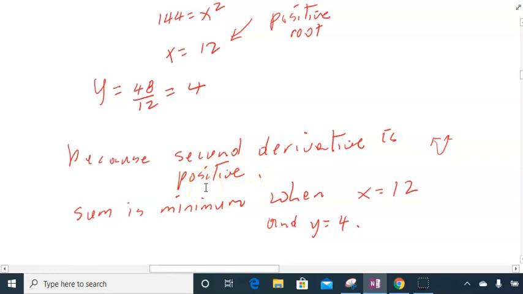That means our function will be concave up. Concave up, so that's what this sign here means. So then the sum is a minimum, and that occurs when x equals 12 and y equals 4.